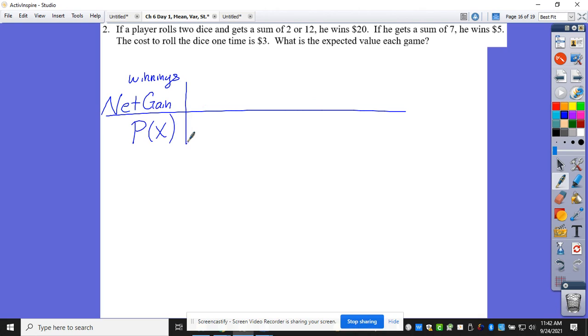So what are my categories? It talks about a sum of 2 or 12. It also talks about a sum of 7. How much do I win if it lands on a 2 or a 12? $20. How much do I win if it lands on a 7?